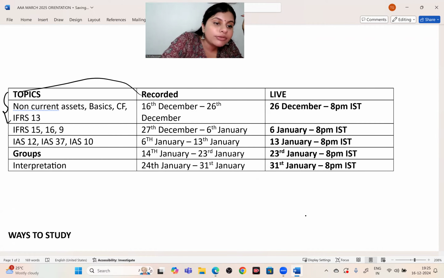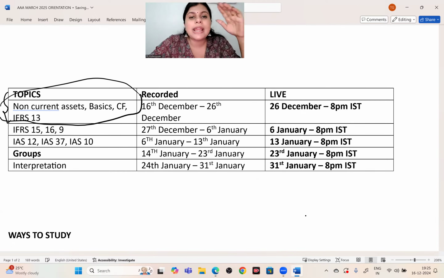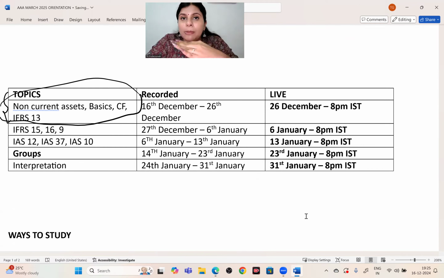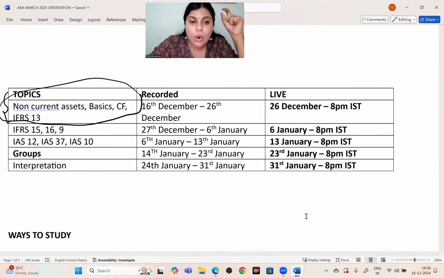So starting today, which is 16th of December, first you should cover the basic areas. Non-current assets, which include IAS 16, 38, 40, IFRS 5, IAS 36, IAS 20, IAS 23. Non-current assets, basics of financial reporting, conceptual framework, and IFRS 13. These are a lot of topics to do. So I have given you full recordings on these topics, bifurcated into small crisp videos. Under IAS 16, there are various headings, and under that, I have given you crisp videos. So you'll watch them. With each video, the notes are attached from 16th December till 26th December.